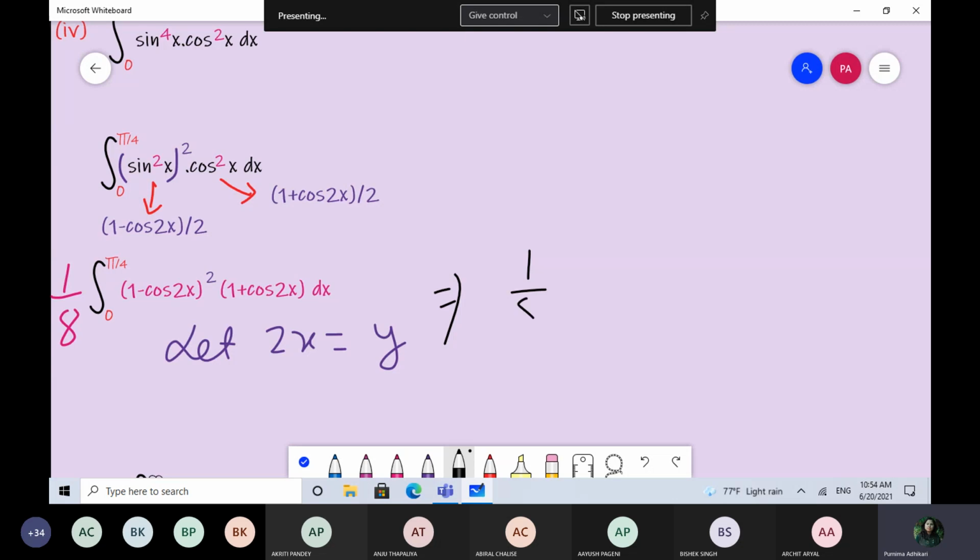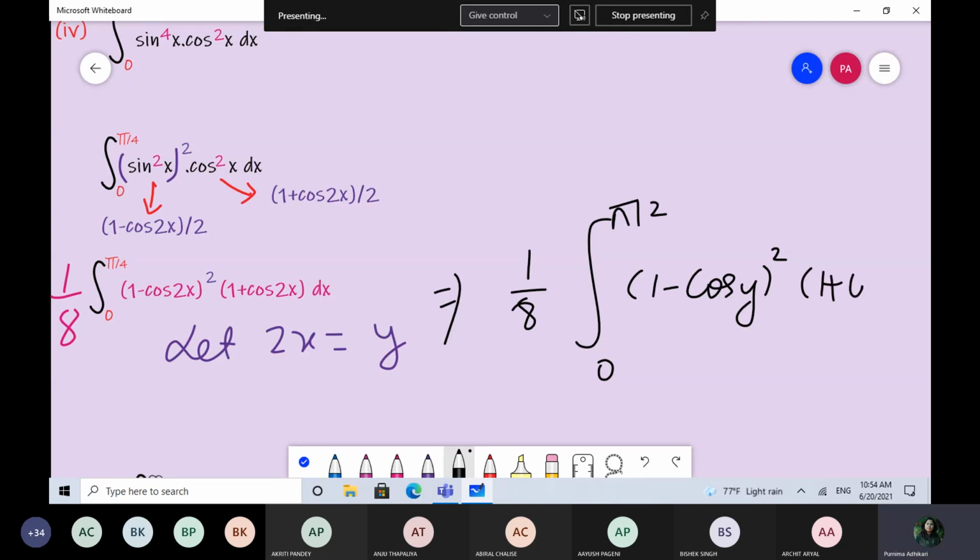After substitution you will get 1 by 8, integral from 0 to pi by 2, (1 minus cos y) whole square, (1 plus cos y). And what is dx? Your dx will be dy by 2, isn't it? dy divided by 2. So divided by 2 makes it 16.